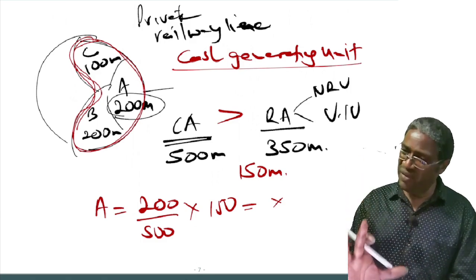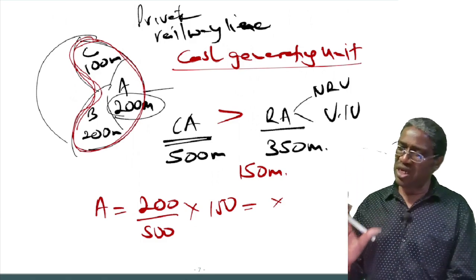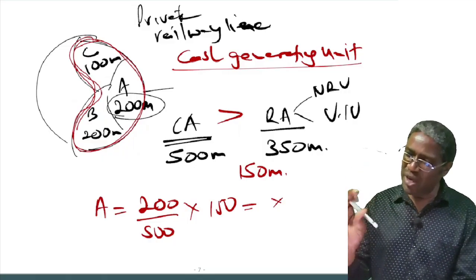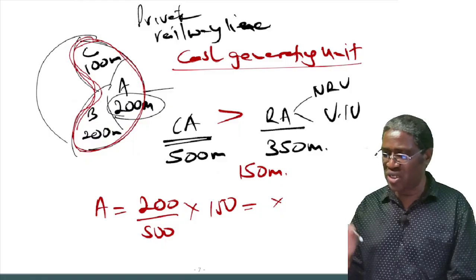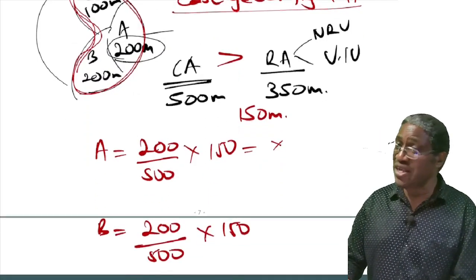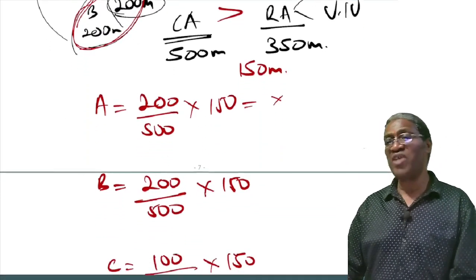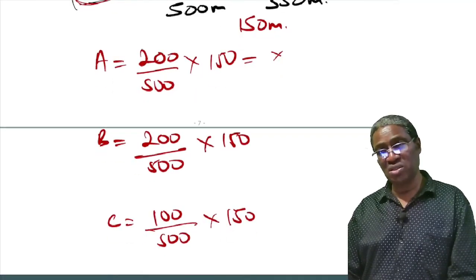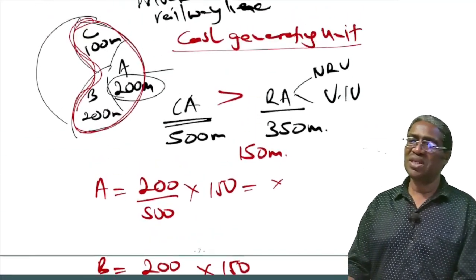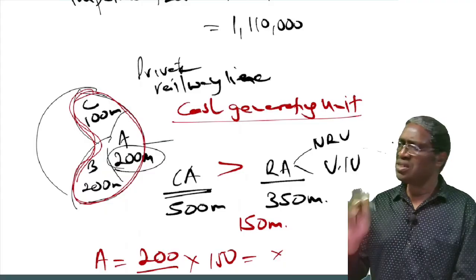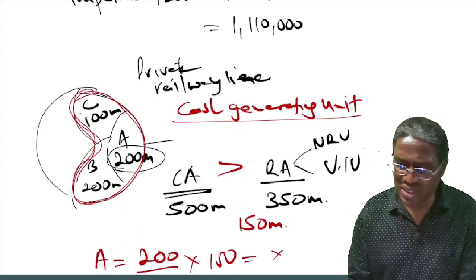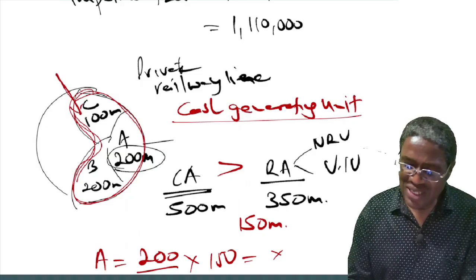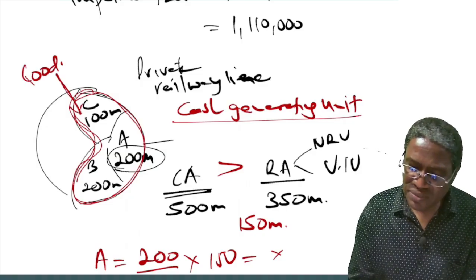Then I've said if the unit has suffered an impairment loss, that impairment loss should be allocated to the assets in the unit on the basis of their carrying amount. Good. Now, listen to this point. Suppose asset C is an asset called goodwill.